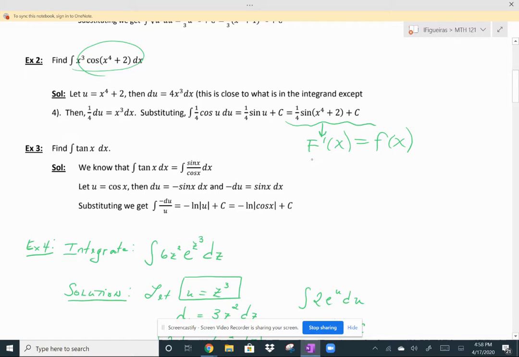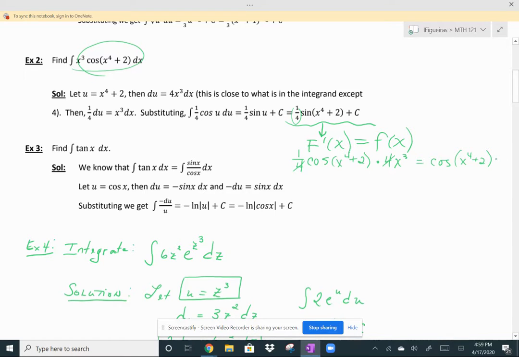The derivative of sine is cosine of x to the fourth plus 2 times the derivative of the inside, which is 4x cubed. But remember, there's a 1/4 here, so the 4's cancel, so it actually equals exactly what we started with.